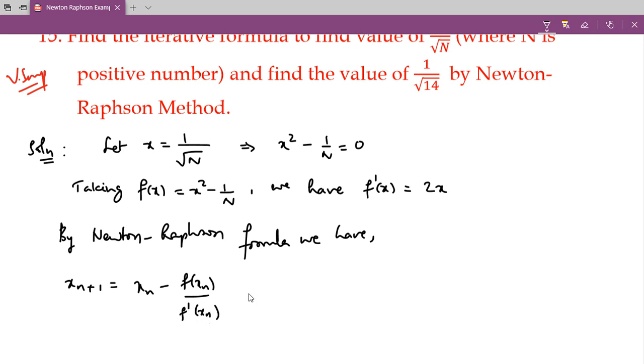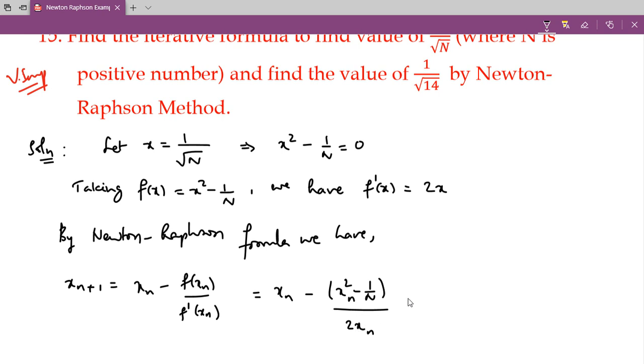Substituting, f of xn is xn square minus 1 by n, and f dash of xn is 2xn.